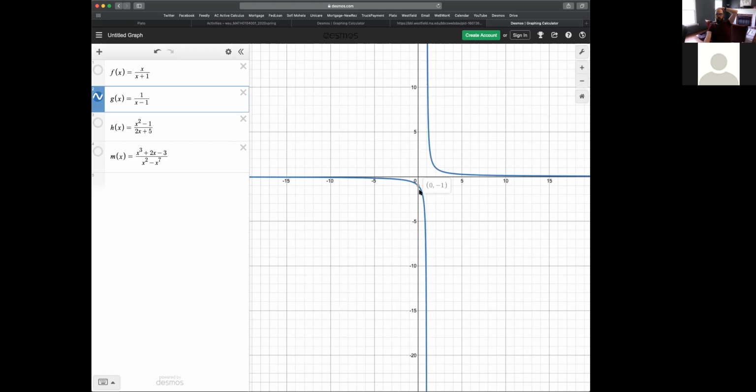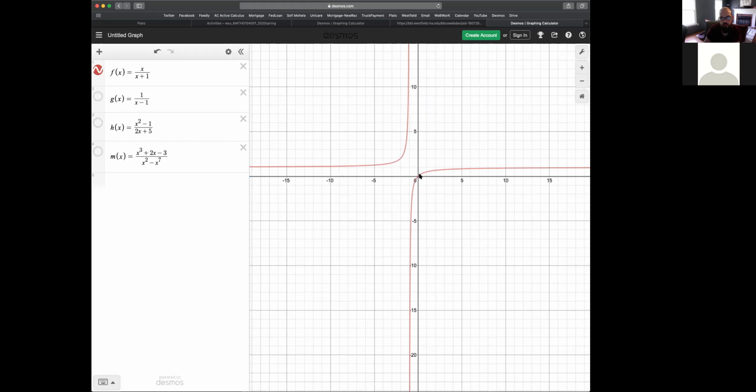Right, so this would be our y-intercept right here. Mm-hmm. So the x-intercepts, what word did we use for polynomials? Started with the z. Zeros. Yeah, right, the zeros.